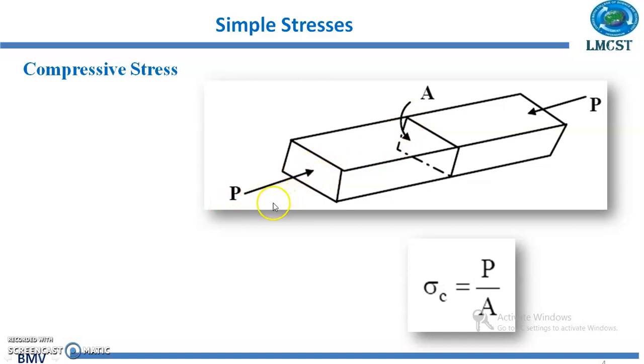But here the nature of the force is compressive, and the area resisting the compressive force is this rectangular surface, having an area of cross section capital A. Since it is a compressive stress, I can represent it as sigma C, meaning the stress is compressive in nature. So sigma C is equal to external force P divided by area A.